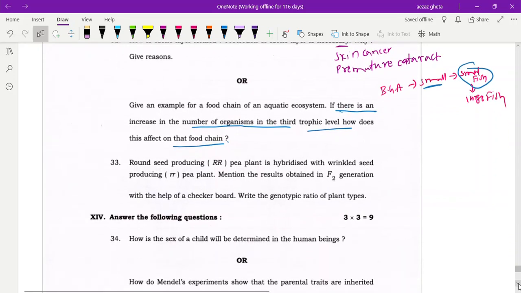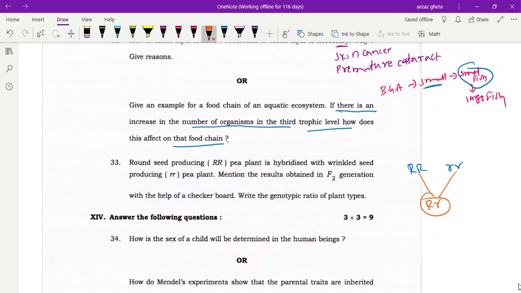A round seed producing pea plant is hybridized with a wrinkled seed pea plant. Mention the results obtained in the F2 generation with the help of a checkerboard. See, from the F1 generation, this is F2 now. So this is RR, Rr, Rr, and rr. We will get a 3:1 ratio.